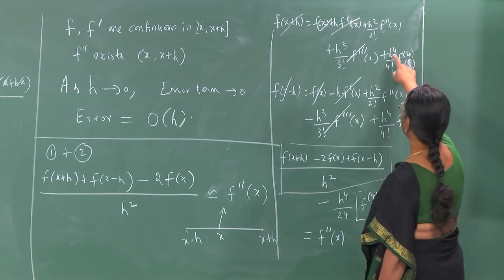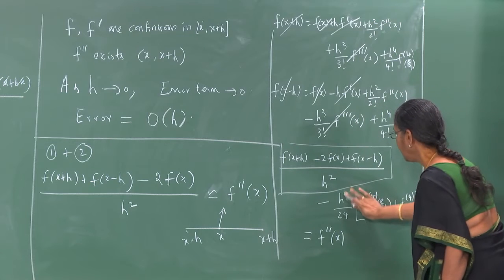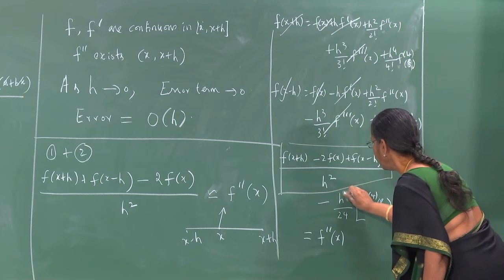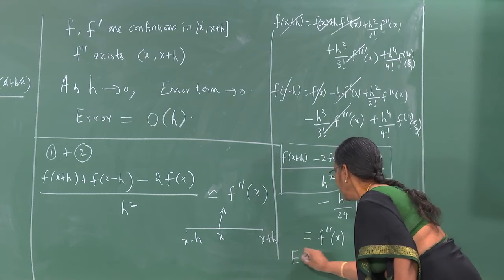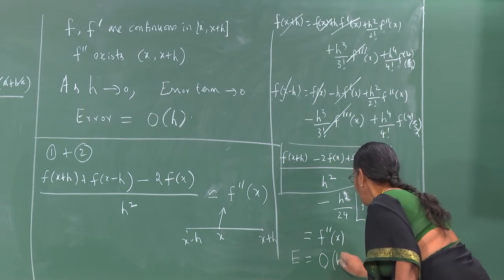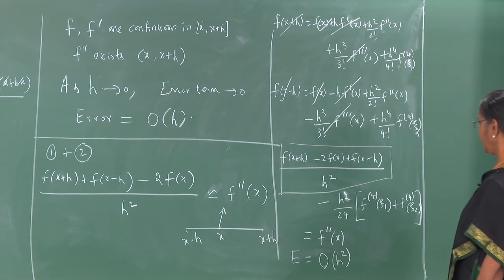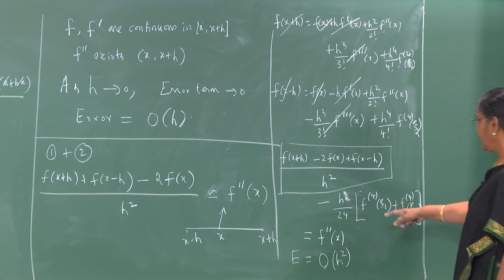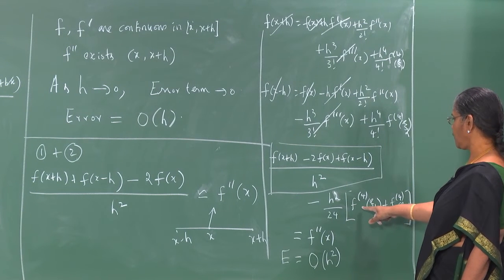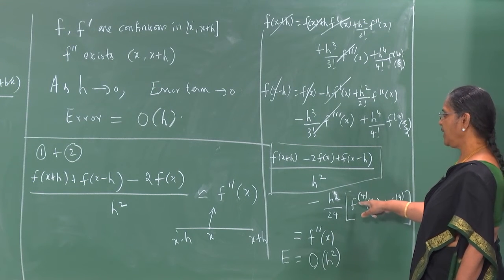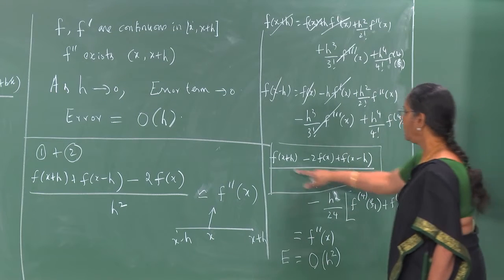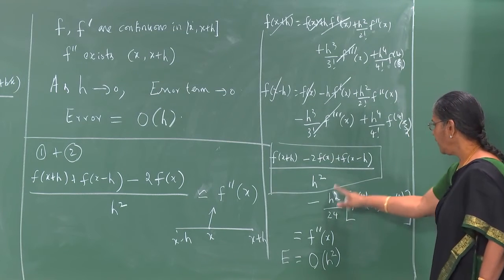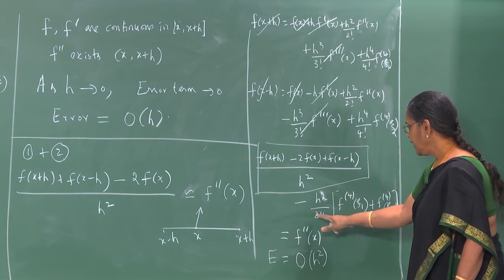Remember, we had divided by h square, and so the term here will be h square. So, the error is of order of h square, and you now can give the class of functions whose second derivatives can be approximated by this formula, based on the error term.